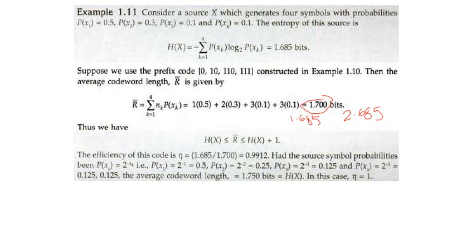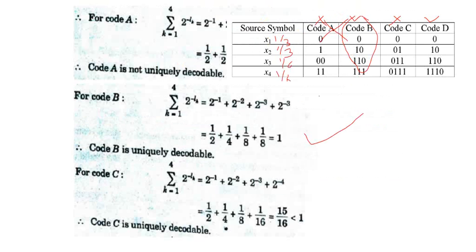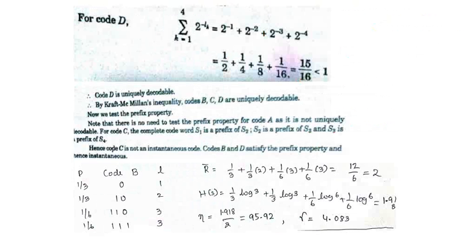So length of code word multiplied by probability of that kth symbol. 1 into 1 by 3, next 2 into 1 by 3, 3 into 1 by 6, and plus 3 into 1 by 6. So if I sum, R bar I will get as 2 bits.